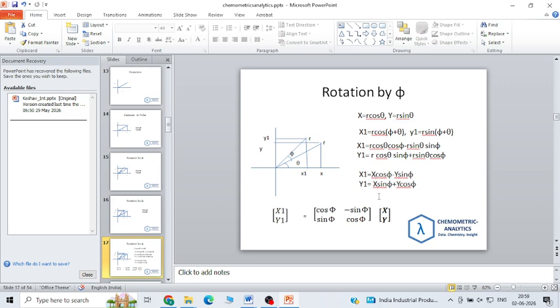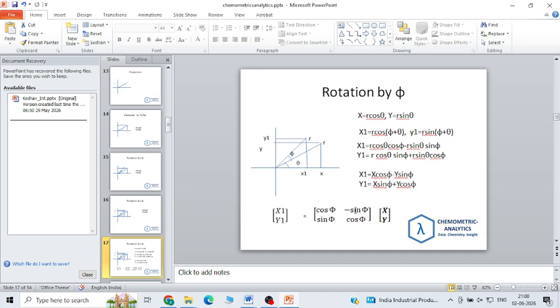And if I write this in matrix form, I take x and y as a column vector and put it here, and then I write my new values, x1 and y1. So you see, this is my new values, this is my projection matrix, and this is my original values.